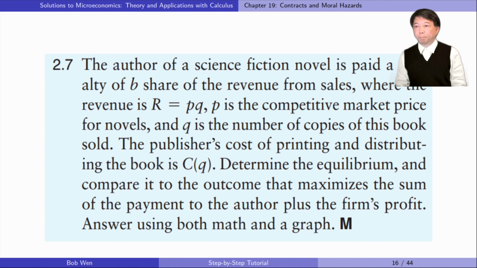The publisher bears the full cost of selling the books, CQ, but it earns part of the full revenue, 1 minus B times R. So it will sell fewer books than the optimal number. The joint profit is also lower than the optimal level.